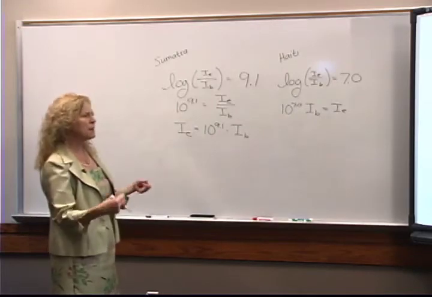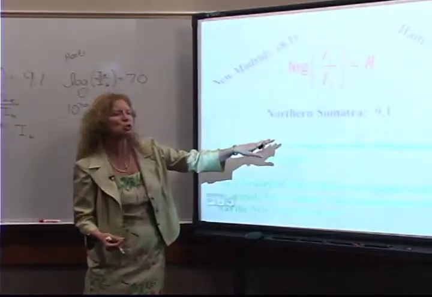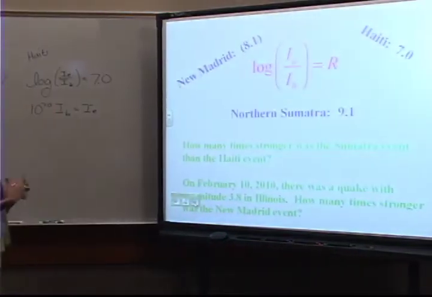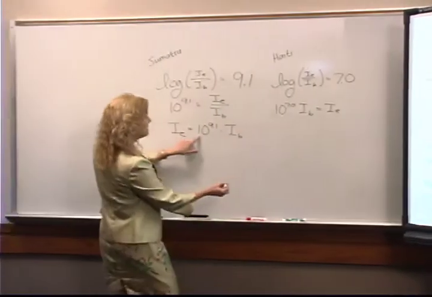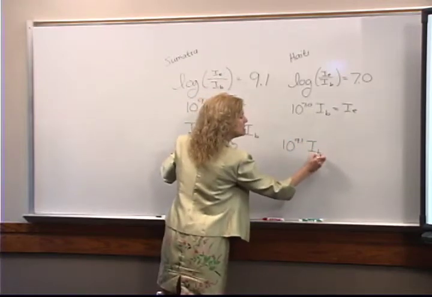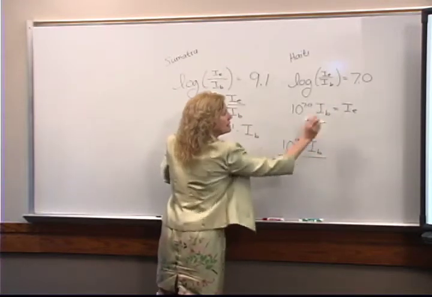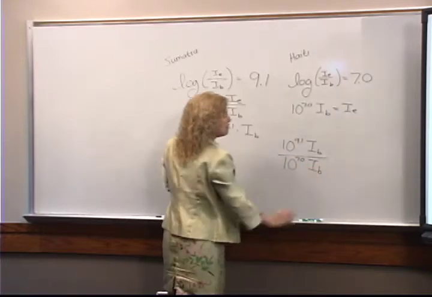So then if I wanted to compare these, the question is, how many times stronger? Well, if you want to know how many times stronger, that means you're going to divide. So the intensity of this event is 10 to the 9.1 times the baseline. The intensity in Haiti was 10 to the 7.0 times the baseline.